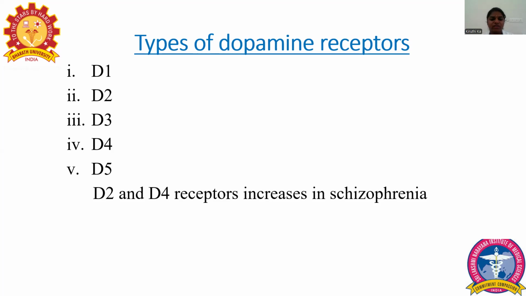All these dopaminergic receptors are membrane proteins, and many of them have subtypes. It is observed that the number of D2 and D4 receptors increases in schizophrenia, so the use of a D2 receptor blocker is very helpful in the treatment of schizophrenia, and the D2 receptor blocker also binds with the D4 receptors.